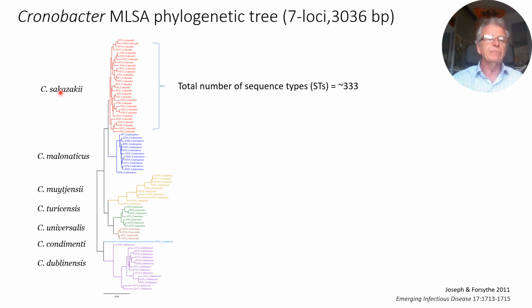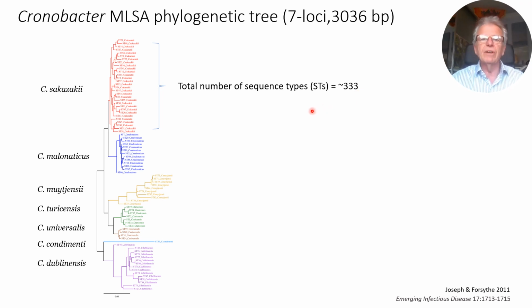There's 7 species. The main clinically important ones are the Cronobacter sakazakii and the Cronobacter malonaticus. Now, using multilocus sequence typing, we can divide sakazakii into just over 300 sequence types.